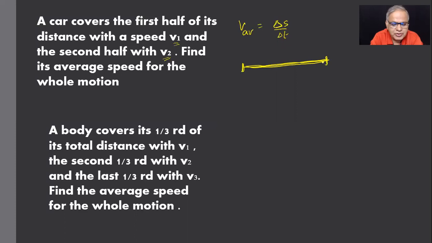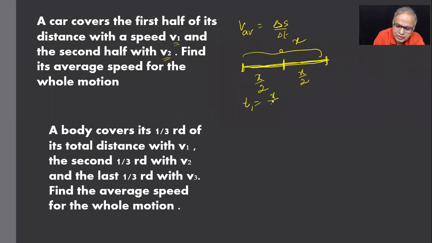a body covered some distance. It need not actually be a straight line because the distance can be anything. But what it says is half the distance. Since I don't know the distance, I'll think this is x. X by 2 are half distances each. So time for this, if I calculate, will be t1 equals x by 2 by v1. Time t2 equals x by 2 by v2.